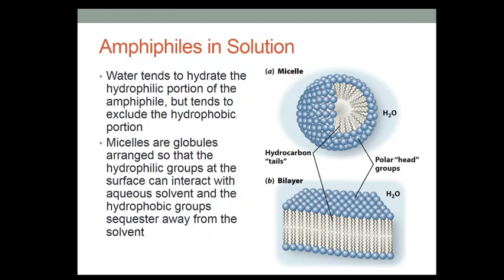Now, there are other possibilities too. You can form bilayers as well, where you have polar head groups and a non-polar interior. Here you have two separate monolayers. So here's this top layer, this is a monolayer, and another monolayer. These come together to form the bilayer.